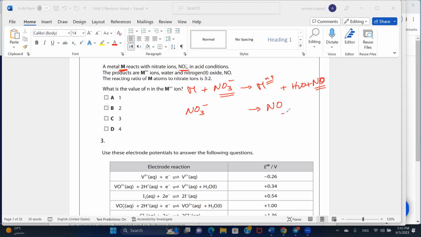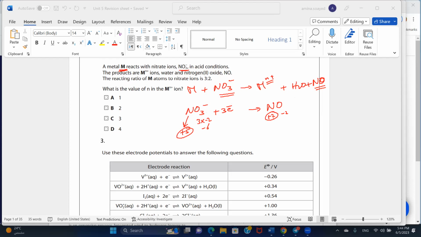Here we have oxygen with -2, so the nitrogen here is +2. Here we have 3 oxygens, so 3 times -2 makes -6, which means the nitrogen is +5. So the nitrogen changed from +5 to +2. It means that 3 electrons are gained by the nitrate ion to form the NO. Of course, we can stop here, and we don't have to complete the equation.